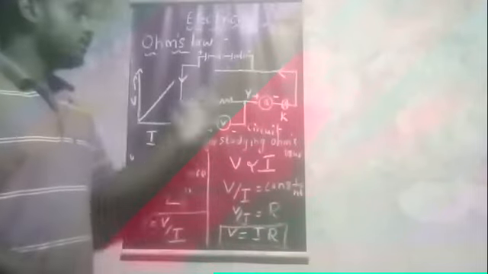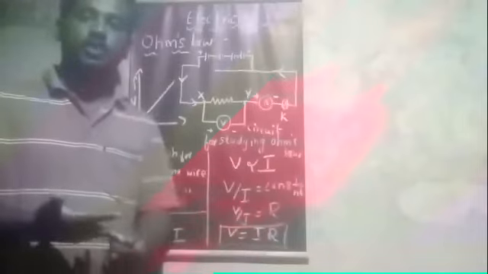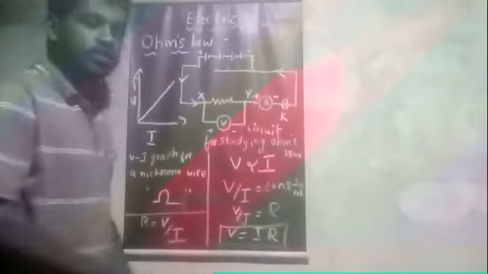First of all, Ohm used a circuit to find the relationship between electric current and potential difference. Observe this circuit. In this circuit we are using multiple cells, one ammeter, a voltmeter, and a resistance wire, that is a nichrome wire.